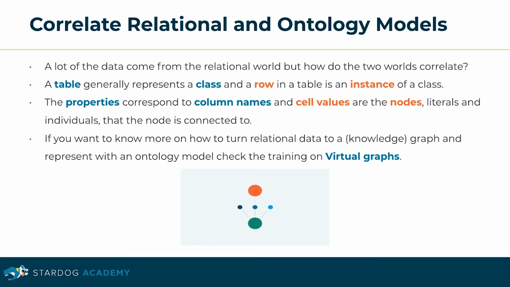The properties correspond to column names, and the cell values will correspond to nodes, literals, and individuals that the node is connected to. Now, if you want to know more on how to turn relational data into a knowledge graph and represent it with an ontology model, you should check the training on virtual graphs.